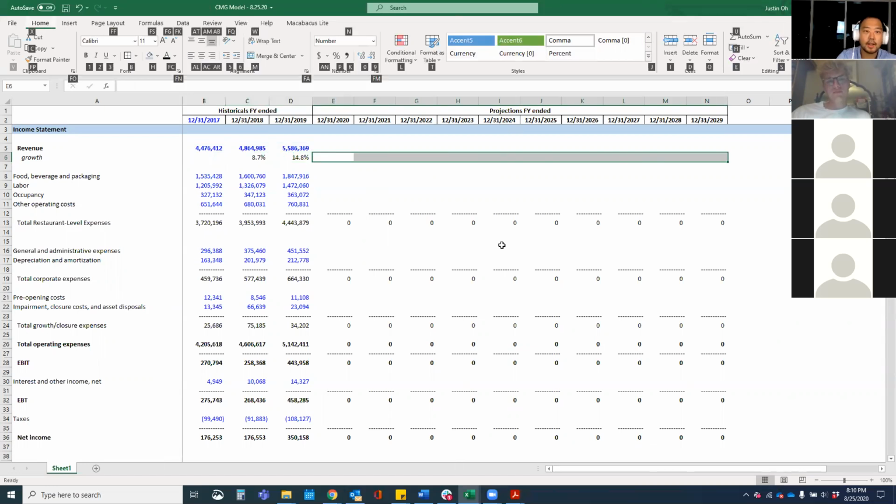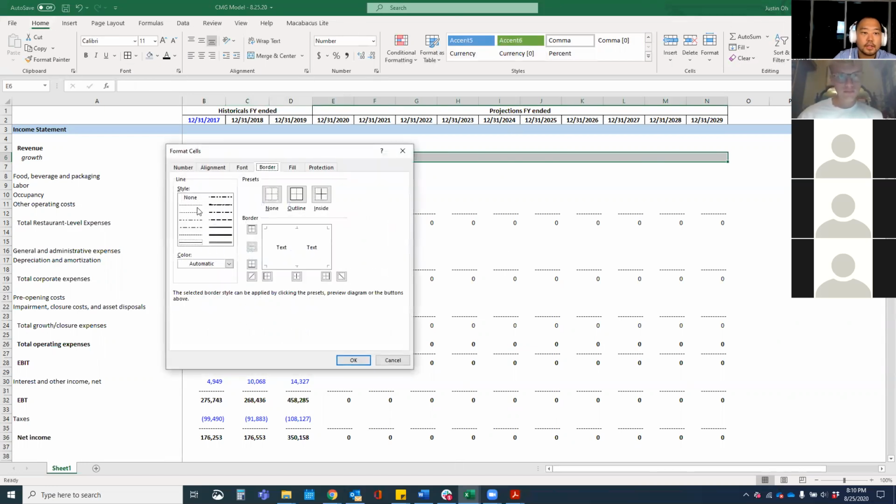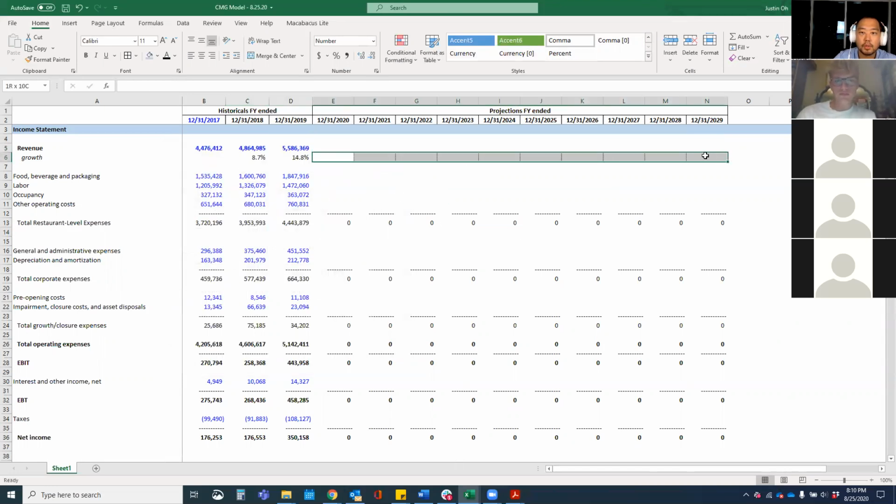The formatting I like is this dotted line and then make it blue, obviously. Blue is hard codes. I usually like non-financial numbers as italics.